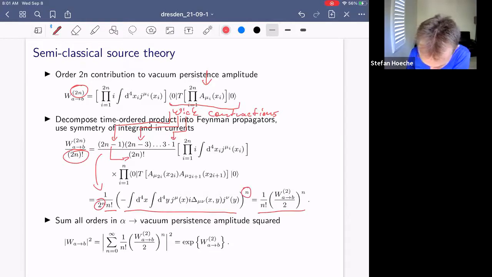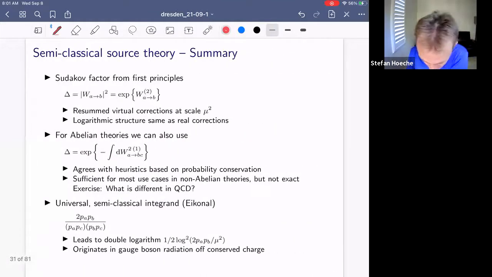And if I sum it all up, I can turn the overall result into an exponential of the second order vacuum persistence amplitude. And that's quite remarkable, because what I have achieved is that I have derived the Sudakov factor from first principles. Okay.